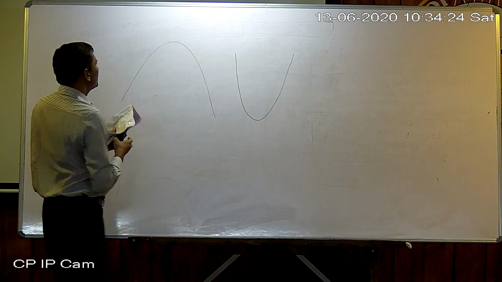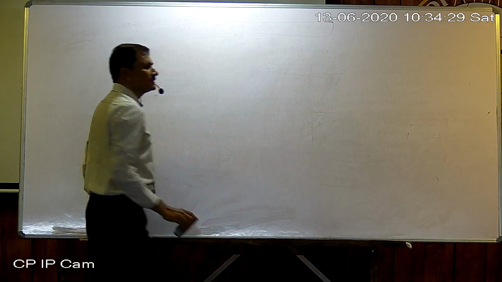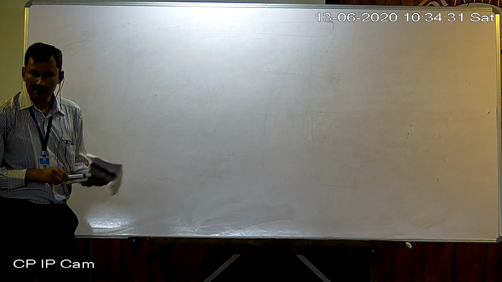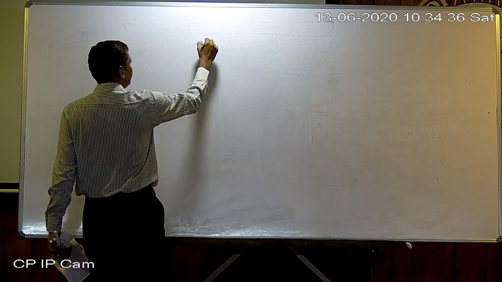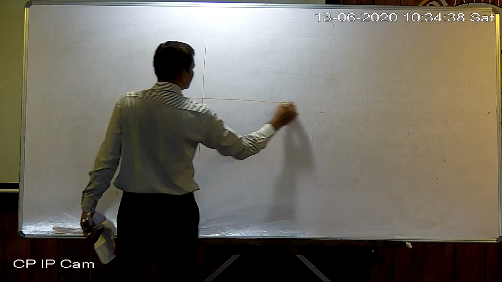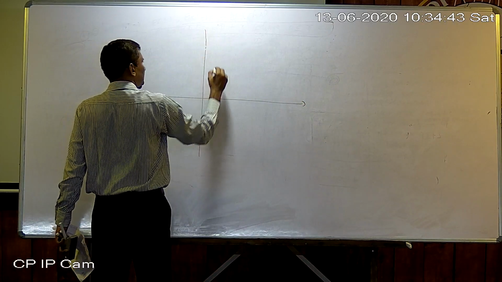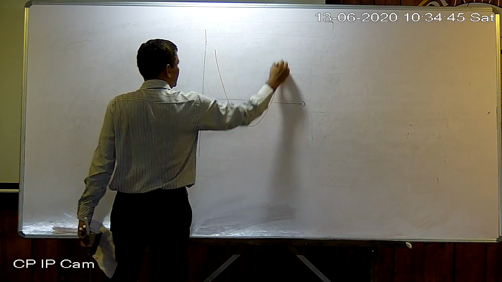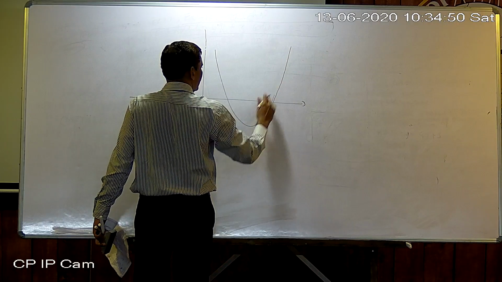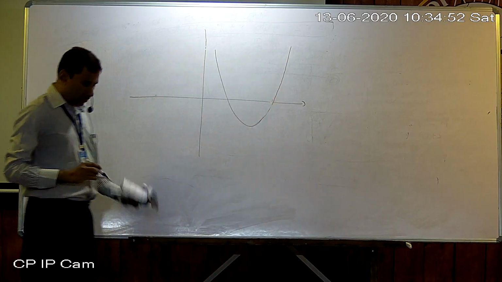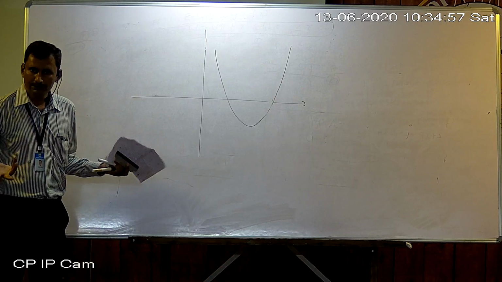Now, if you are given a graph, how do you decide how many zeros the given polynomial has? Suppose you are given a graph like this, with x, y, the value of x, and the value of p of x. You are told to find how many zeros the polynomial has.